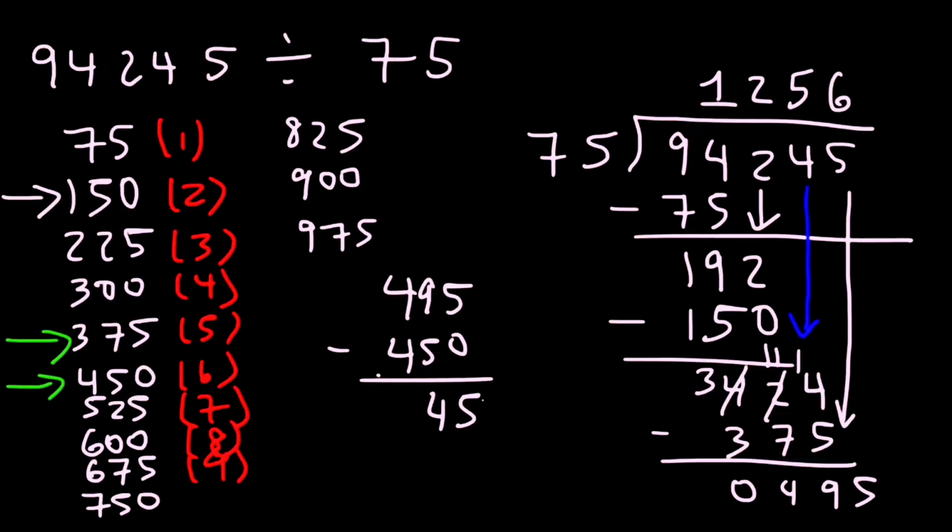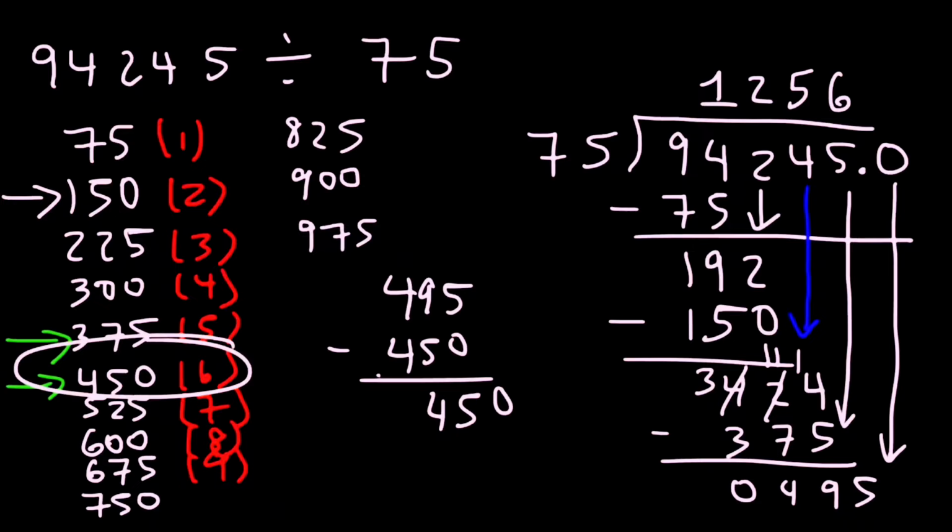Now 75 does not go into 45. So we got to bring down a 0. 75 goes into 450 6 times. So the answer is going to be 1256.6. That's the solution.